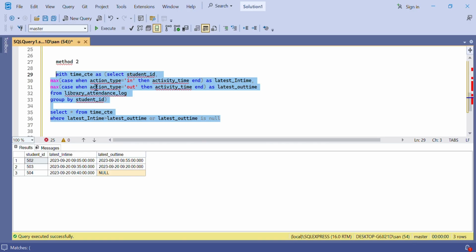You first of all find the latest in time and the latest out time, and then you compare the latest in time and the latest out time.